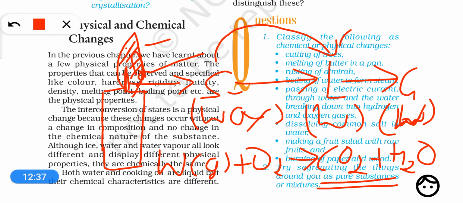But we will not remove the matchstick. We will keep increasing the temperature, so the liquid wax will also get converted into its vapor state, that is gaseous state. So firstly there was solid wax, then it converted into liquid wax, then it converted into gaseous wax, or wax vapors. We have studied the concept of ignition temperature.